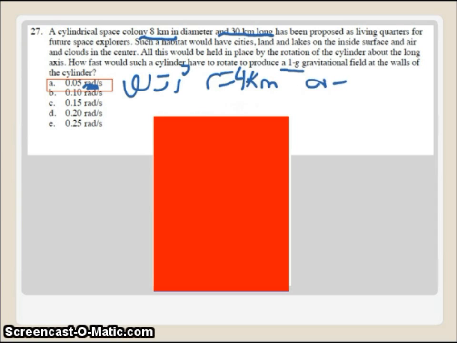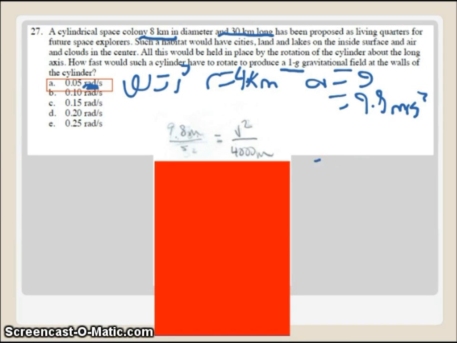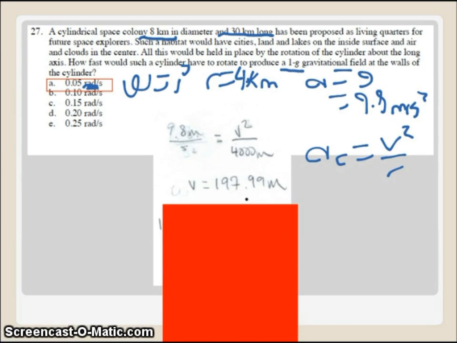That's what we're taking from it. And you also know that acceleration is equal to gravity, and that equals 9.8 meters per second squared. And what you know is that a_c is equal to v squared over r. So that's all you have to use here. So you plug everything in, and v is equal to 197.99 meters per second.